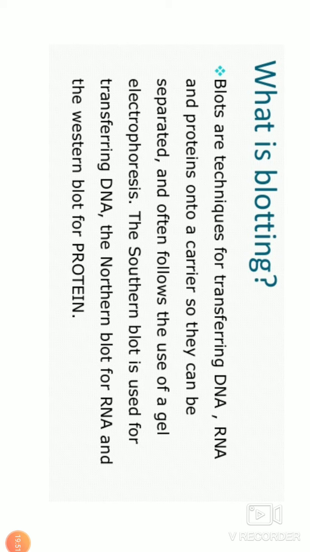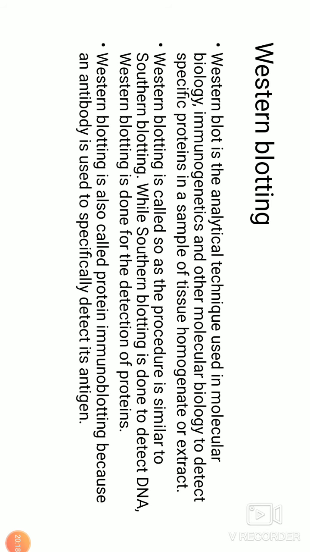Blotting techniques involve the development of blots, used for transferring DNA, RNA and protein onto a carrier so they can be separated, and often follow the use of gel electrophoresis. The Southern blot is used for transferring DNA, the Northern blot is used for transferring RNA, and the Western blot is used for transferring proteins. So we'll start with Western blot. What is Western blot?